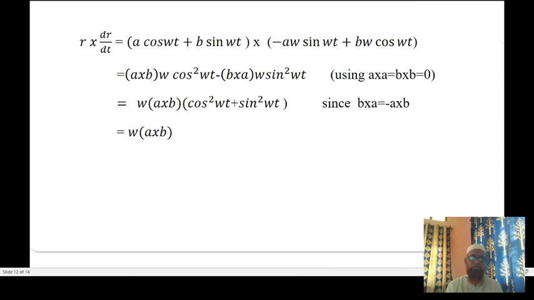So minus into minus is plus. So minus of b cross a is the same as plus a cross b. So a cross b into w common. So this is w into a cross b.